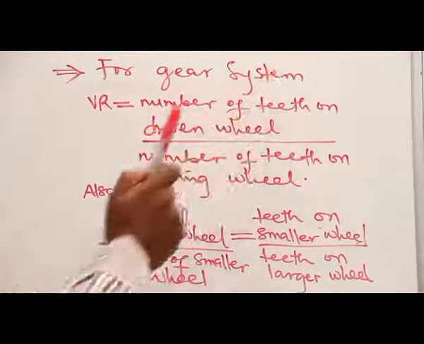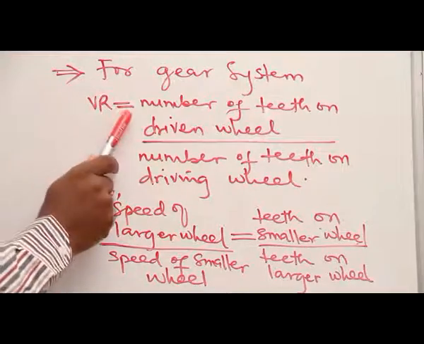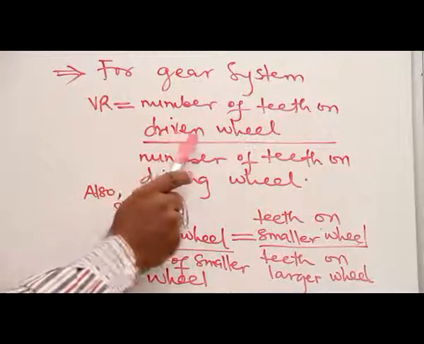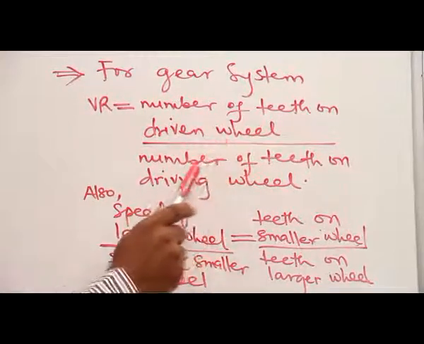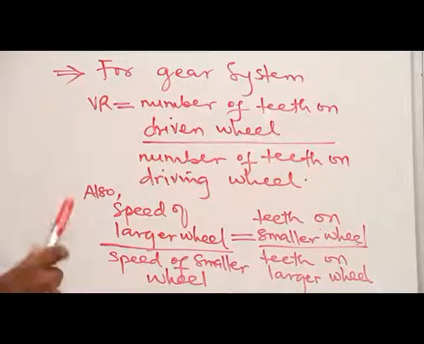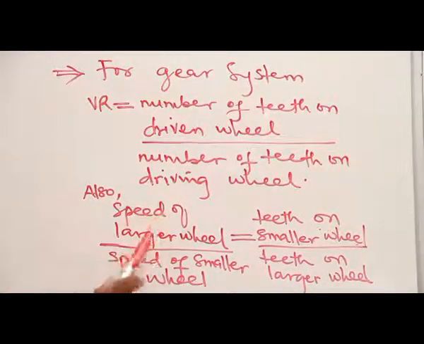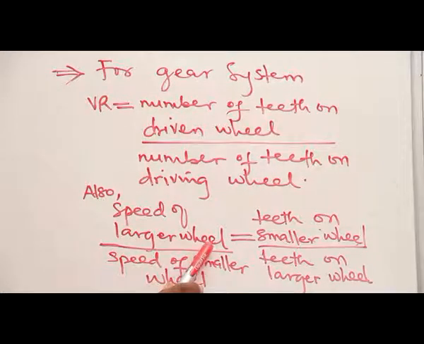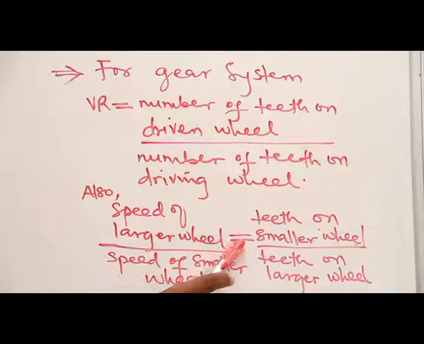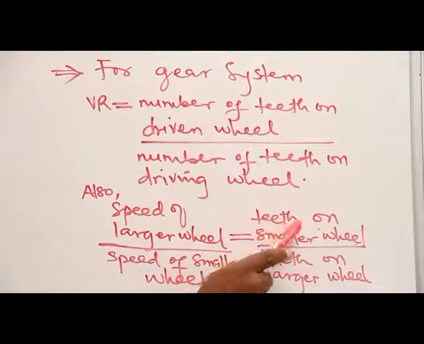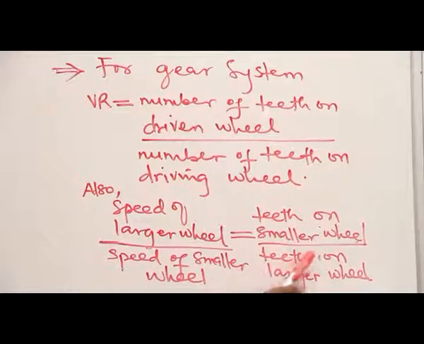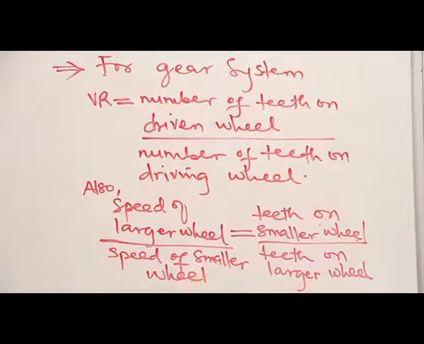For gear system, velocity ratio is equal to number of teeth on the driven wheel divided by the number of teeth on the driving wheel. Also, the speed of rotation of the larger wheel divided by the speed of rotation of the small wheel is equal to the number of teeth on the smaller wheel divided by the teeth on the larger wheel.